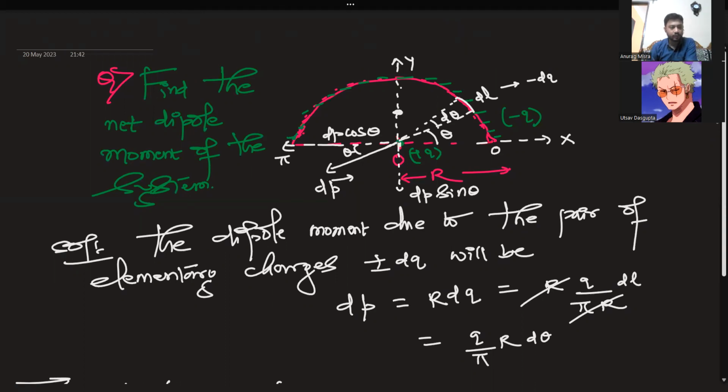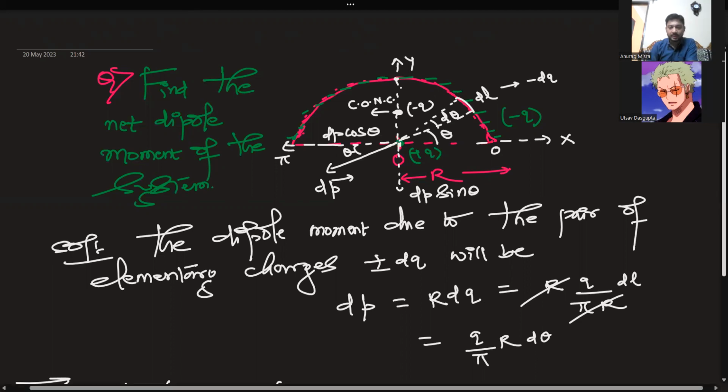Pi is 3.14, so 2r by pi will be less than r. This distance from O is r, so it will be somewhere here. Here I can imagine that the entire negative q charge is concentrated. This will be the center of negative charge. Is that clear?